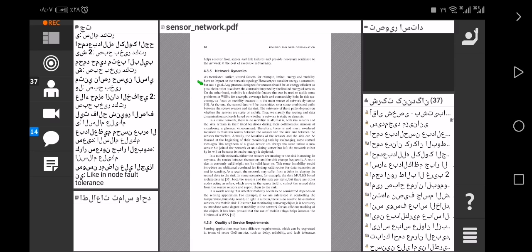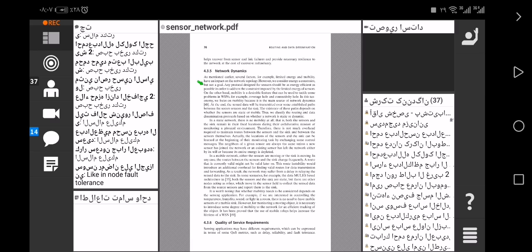Some nodes, base stations, or ordinary nodes are mobile. We have one sink or more than one sink, static or mobile. So because of these network dynamics, some routing protocols are located in this category.